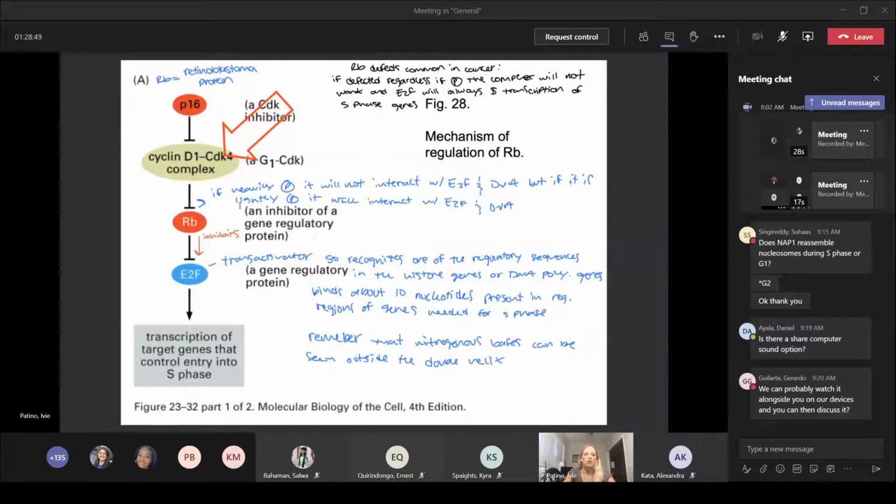Now let's make it a little more complicated, as he would say. If RB is heavily phosphorylated, then it will not interact with E2F. But if it's lightly phosphorylated, then it will interact with E2F.